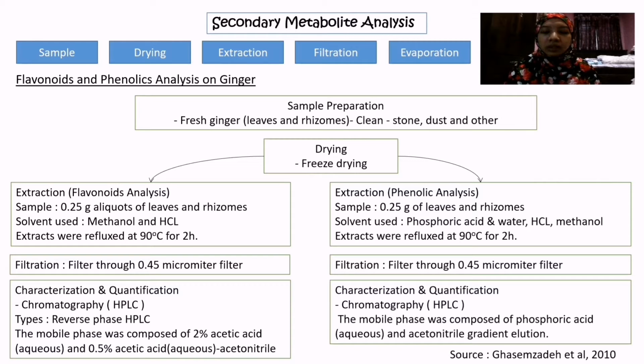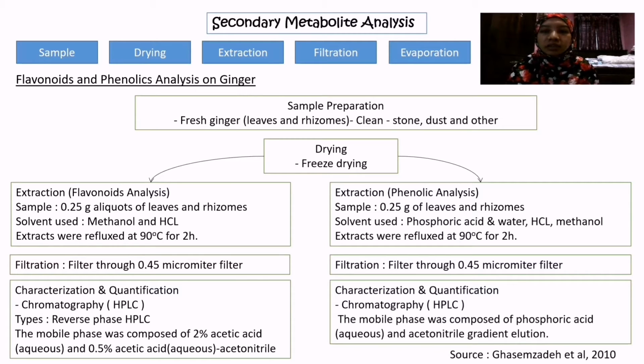To get these secondary metabolites, first we need to prepare the sample. Fresh ginger was used, and the parts of the plant used as samples are leaf and rhizome. We need to clean them first from any dust, stone, and others. Next is drying. Freeze drying was used, which gives a high yield of extraction.